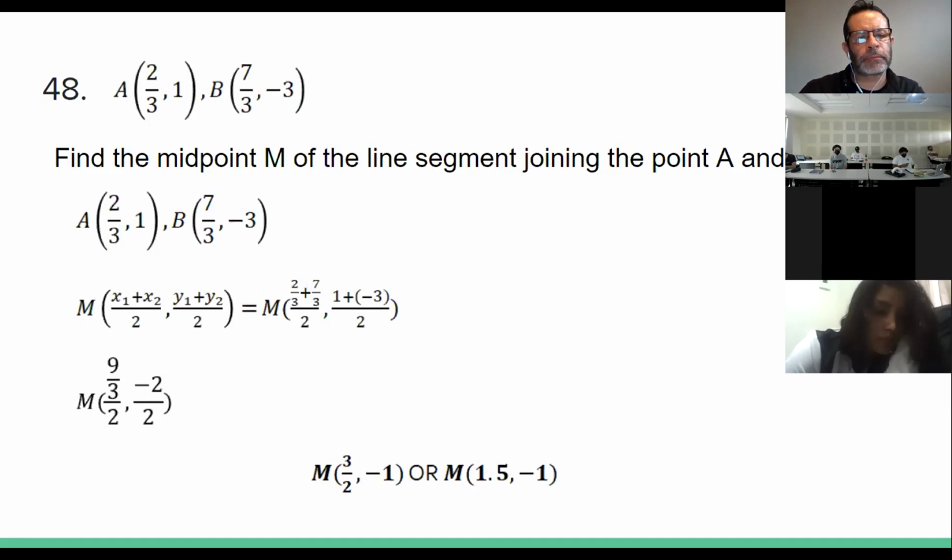And now with the y's, it is 1 plus -3 divided by 2. Solving the formula, the first coordinate will be 9/3 divided by 2, and the other one will be -2 divided by 2, which is -1. So the final answer is that the coordinates of the midpoint are 3/2, comma, -1, or it can also be shown as 1.5, comma, -1.